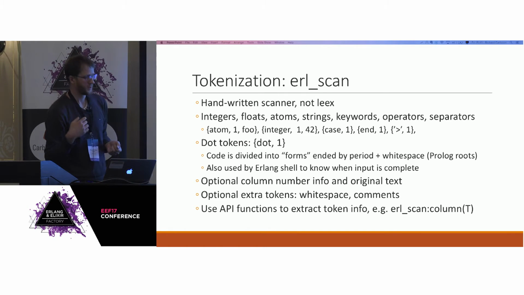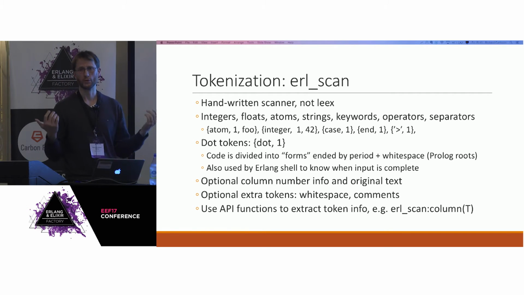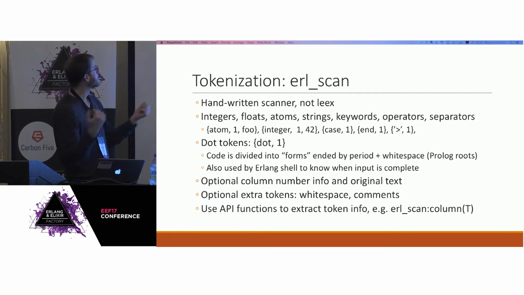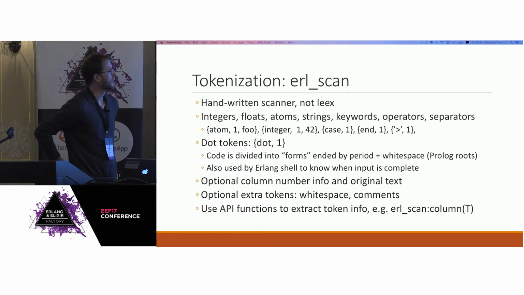So once it's gotten its stream of characters, where you have forgotten what encoding they actually were in, then we can actually start doing tokenization. And in Erlang, the tokenizer is called erl_scan.